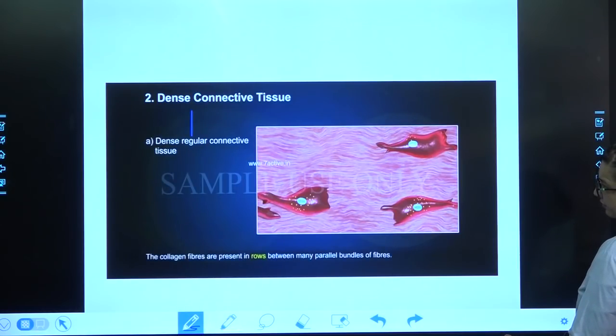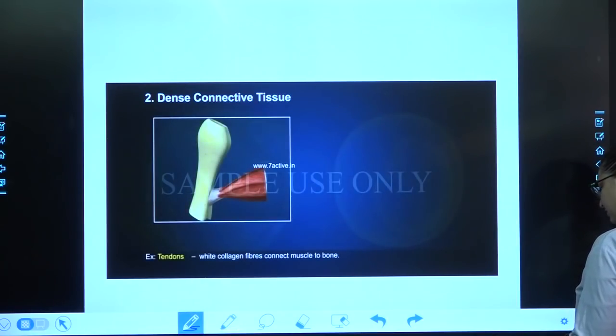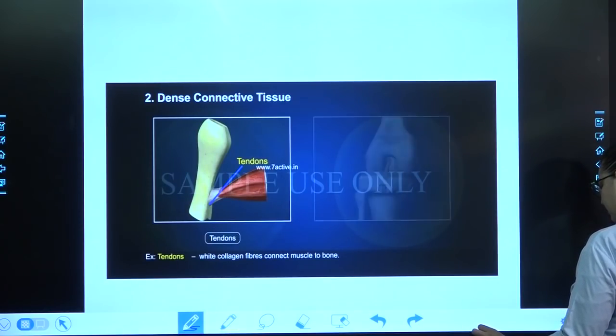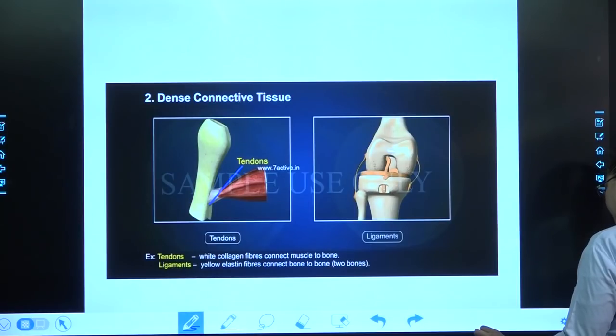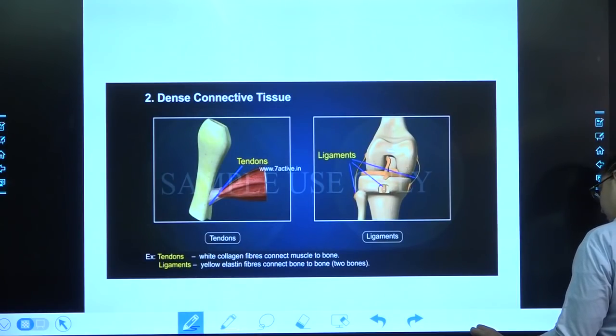The collagen fibers are present in rows between many parallel bundles of fibers. Example, tendons. White collagen fibers connect muscle to bone. Ligaments. Yellow elastic fibers connect bone to bone.